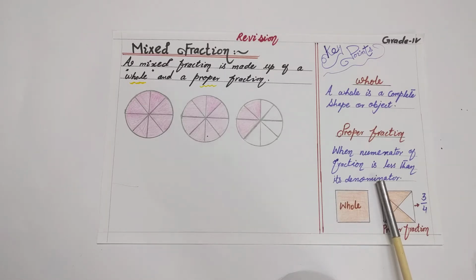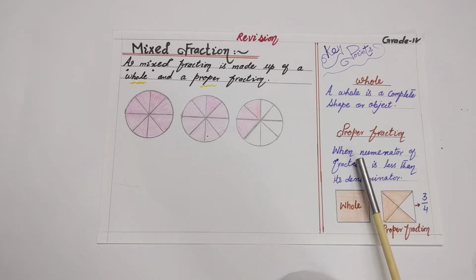Like if you are cutting an apple into 4 equal parts, then 4 total equal parts of the apple are the denominator. And if you are using 3 parts out of 4 equal parts of the apple, then that 3 will be the numerator. So numerator is the number of parts we have or the parts that we are using, and the total equal parts of any shape or any whole, that is called denominator.